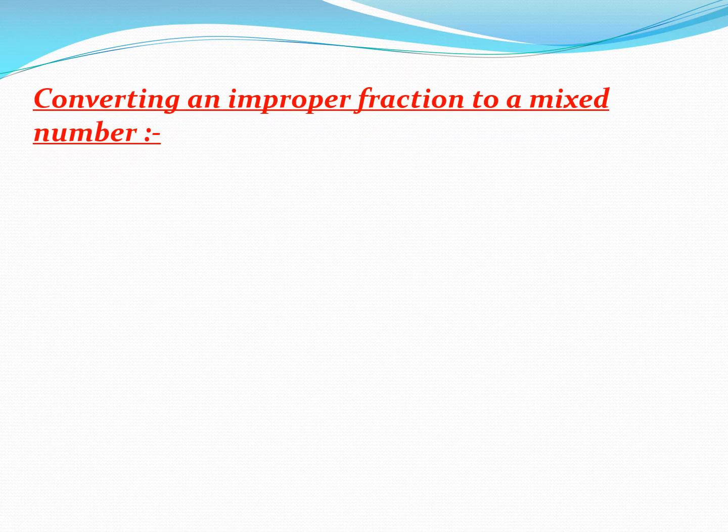Okay, let's learn about another thing: how to convert from an improper fraction to a mixed number. Let's see the steps. We have 12/7. The first step, we must do long division, which we learned in the first term.